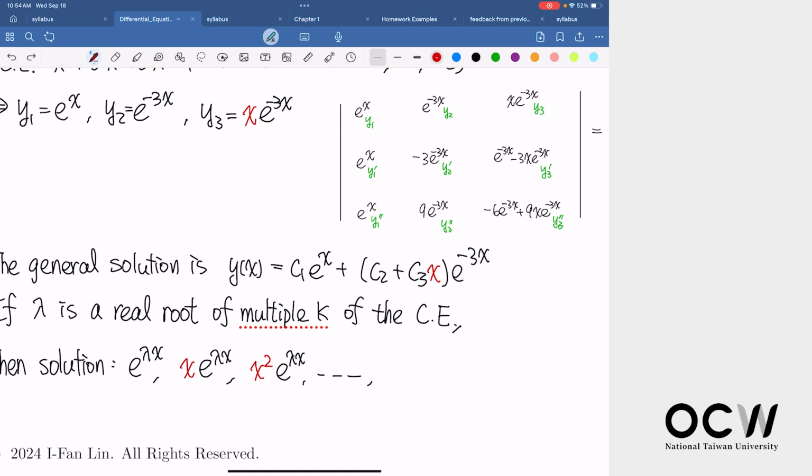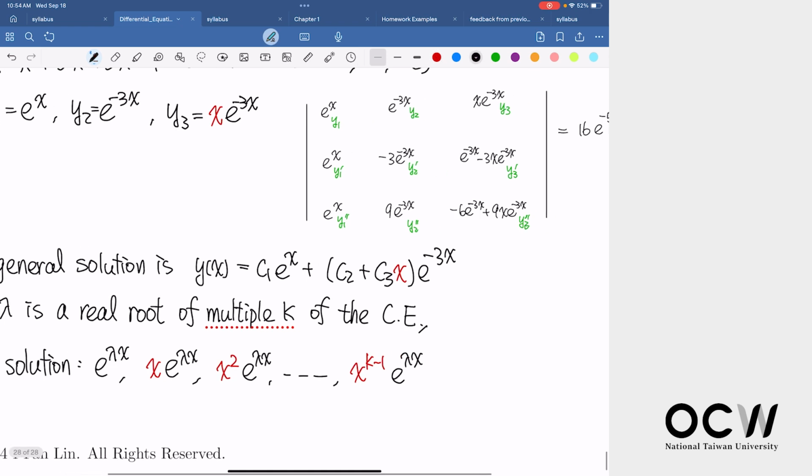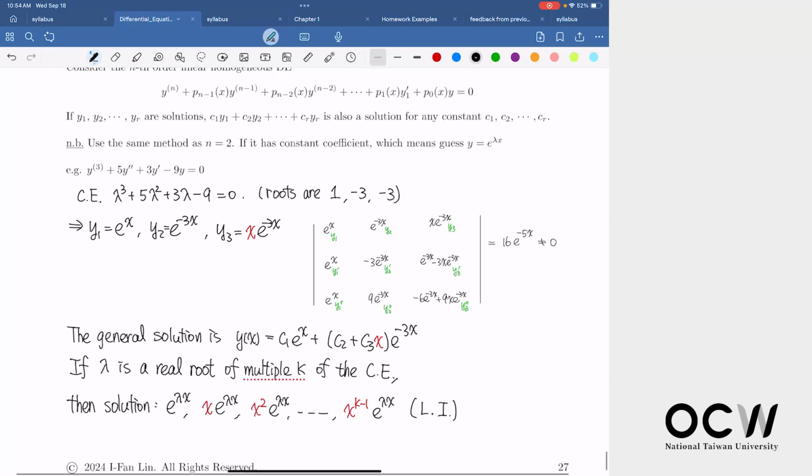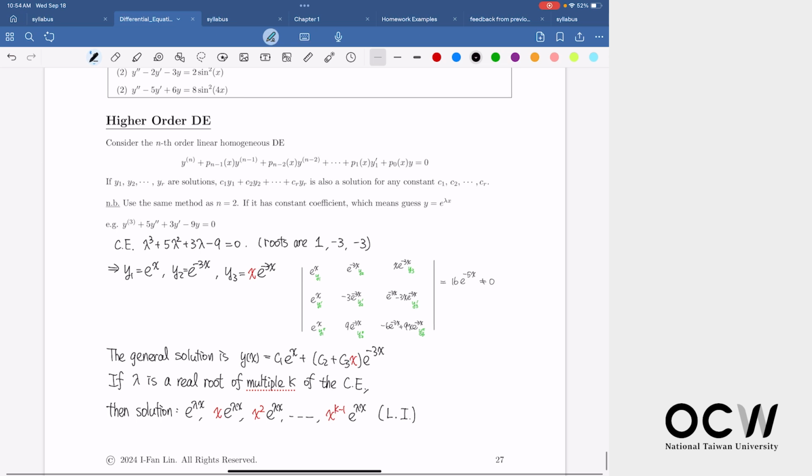So this should be x to the k minus 1 times e to the lambda x. And you will check that they are linearly independent. Okay, and that is our content for the first part, ordinary differential equations.